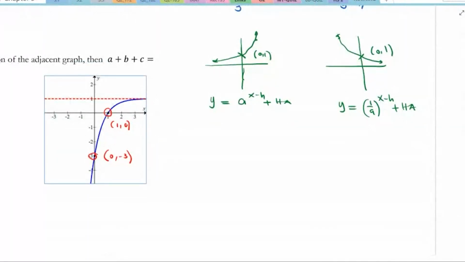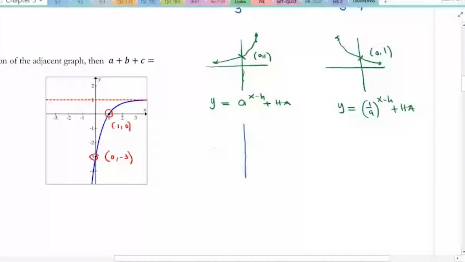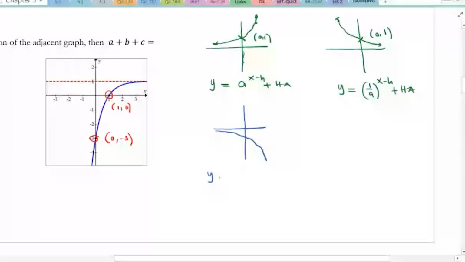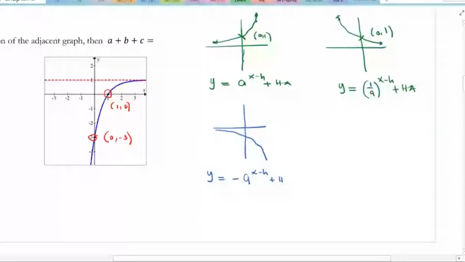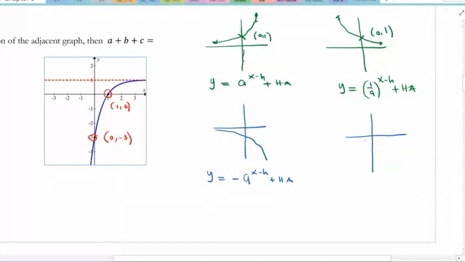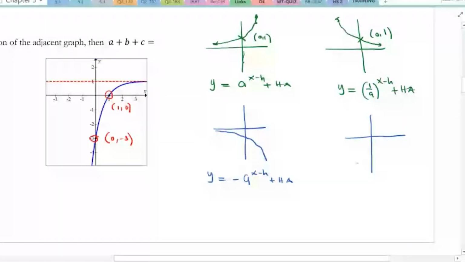For instance, when you reflect this one here, the graph is going to be down here. Reflection across the x-axis, we're going to have y equal to minus a to the power of x minus h plus the horizontal asymptote.